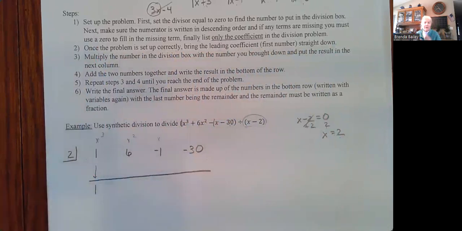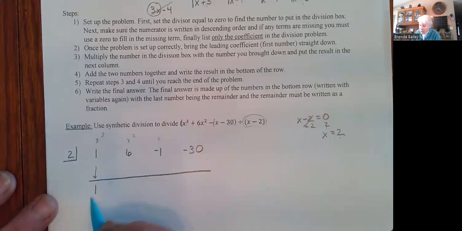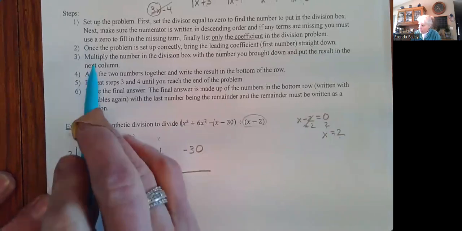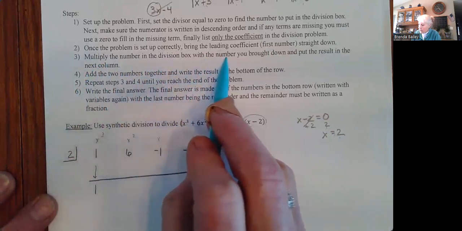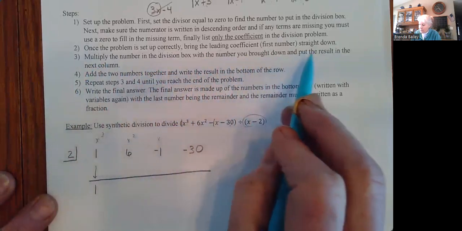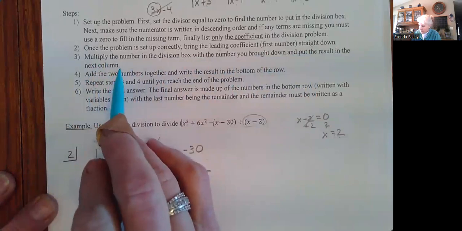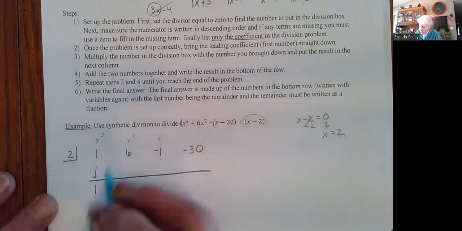Just bring that coefficient straight down. My line is not straight, but I think I can deal with it. Now you take 2 times 1. So here, multiply the number in the division box with the number you brought down and put the result in the next column. So 2 times 1 is 2.